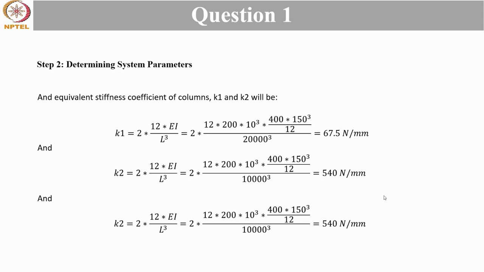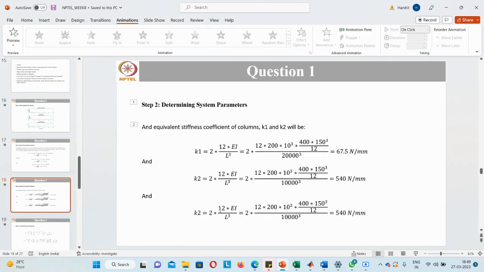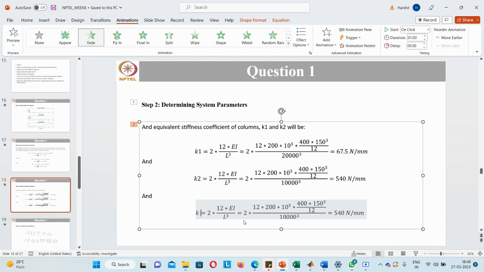The width and the depth of the column were given as 40 centimeter and 15 centimeter, and we know the height of the column. For first floor it was 20, then 10, then 10. So K1 will come out to be 67.5 Newton per mm, K2 will be 540 Newton per mm, and K3 again will be 540 Newton per mm.